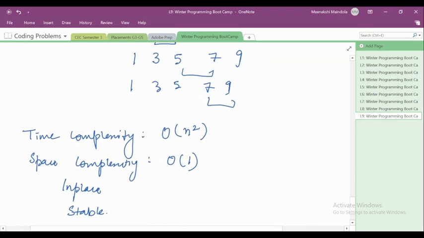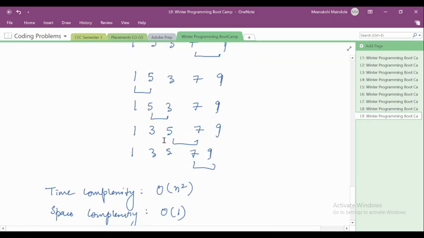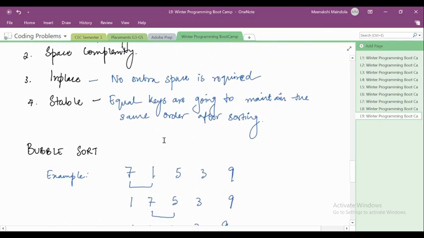Okay, so any doubts up till here? Anyone? Shall we move ahead and talk about the next sorting algorithm?